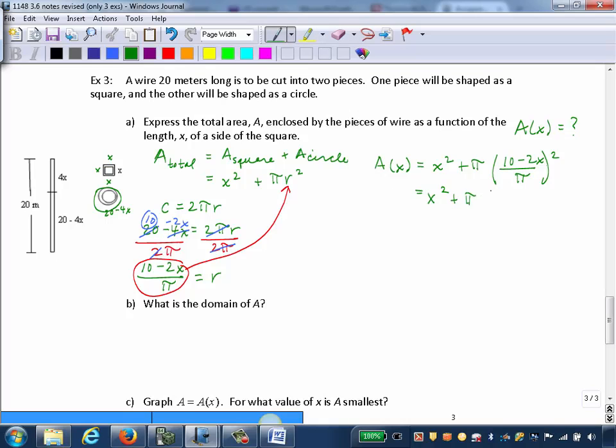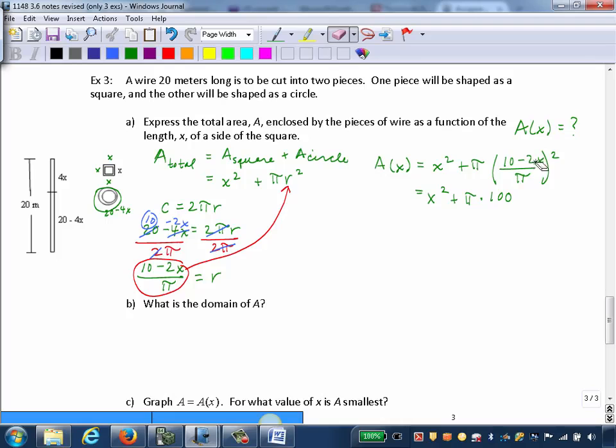So now I'll square here. So again, as we get into Math 1148, I'm encouraging you guys when you square a binomial to try to do that in your head. You can always write out 10 minus 2x times 10 minus 2x and multiply, distribute with FOIL. But I'm encouraging you to try to get in the habit of doing that in your head to save some time. So if I want to square 10 minus 2x, first I square 10 and get 100.